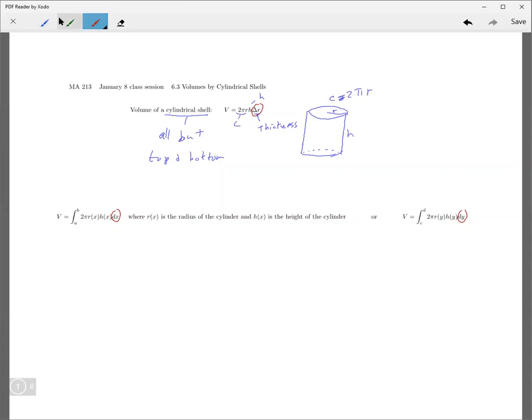Okay, so let's take a look at this. We got two cases again. So let's look at this one first. This is where you're integrating in an X range, okay?